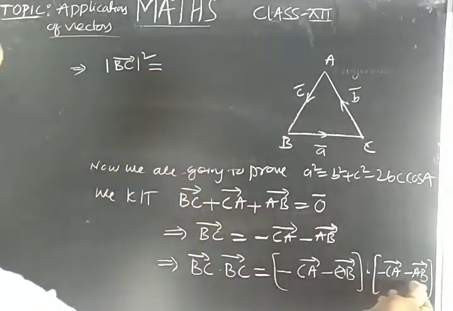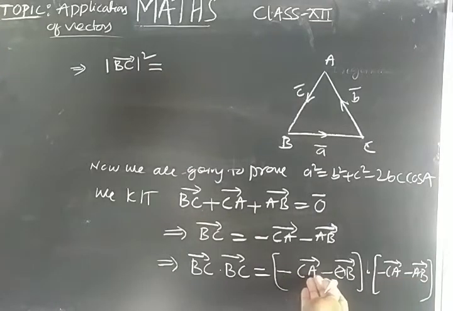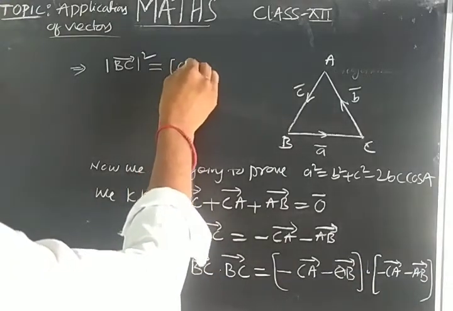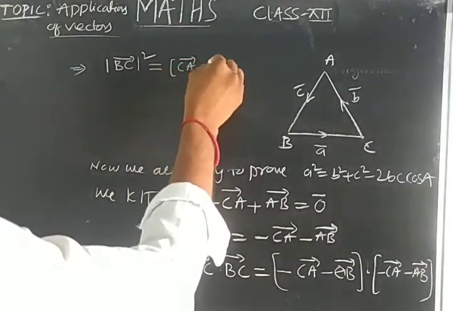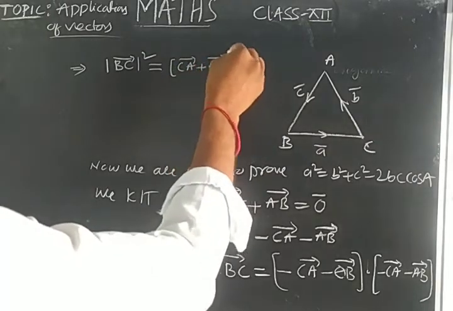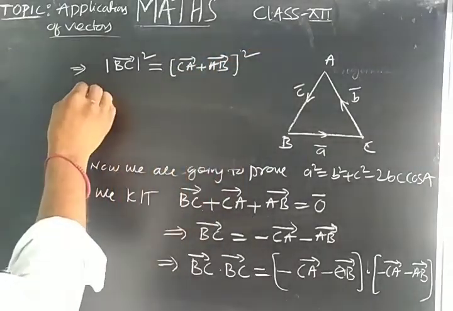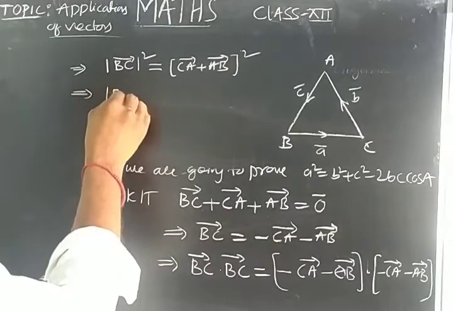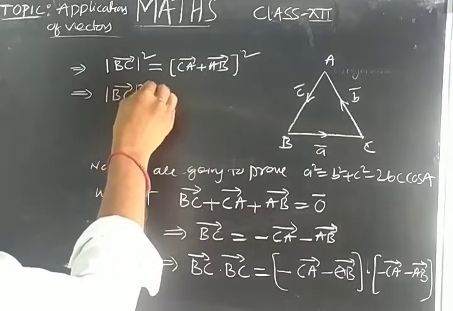Now here take minus common, you will get CA plus AB dot CA plus AB. Minus into minus becomes plus. So you will get the CA vector plus AB vector whole square, equal to mod BC square.